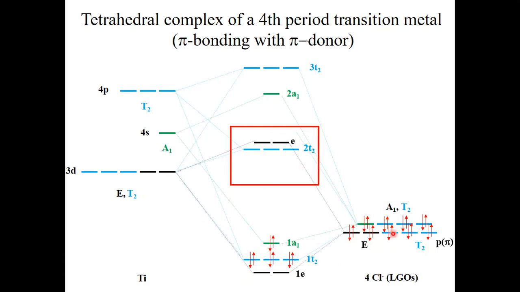Now, what about the T2? These T2 orbitals would interact with the 3d T2 and also somewhat with the 4p T2, even though not much, because the energy difference between the 4p T2 and the T2 ligand group orbitals is pretty large.